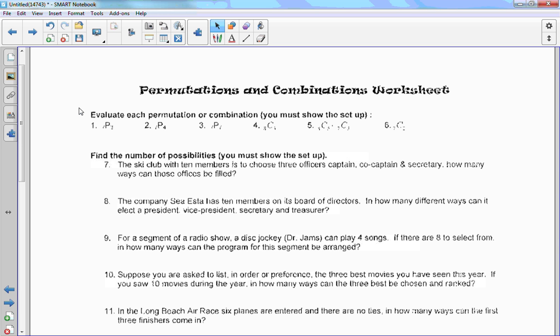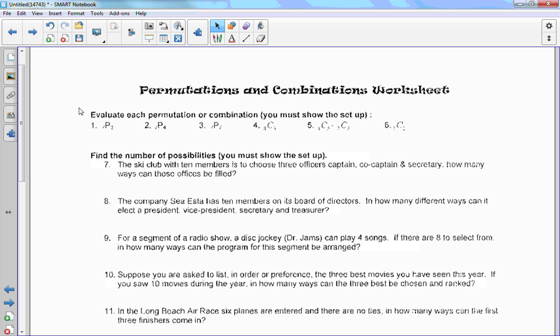Okay. Open up your pink homework packet. We're going to do a couple of them. So, 3 homework problems being done right now. So, find the page that says permutations and combinations worksheet. The first page is about fundamental counting principle, I believe. And then we'll start permutations.